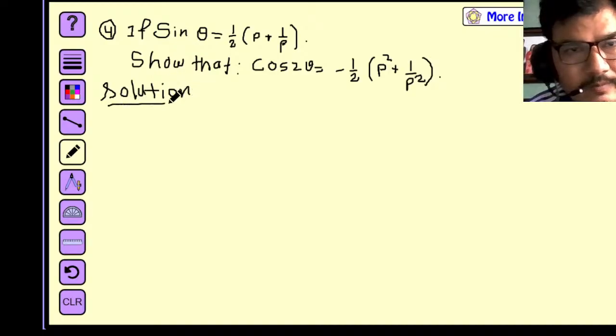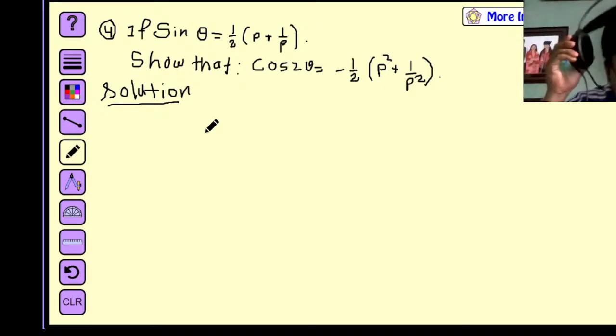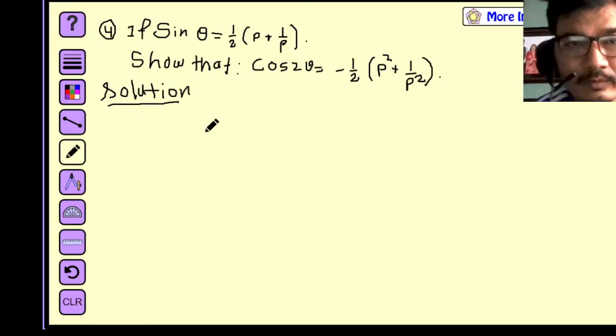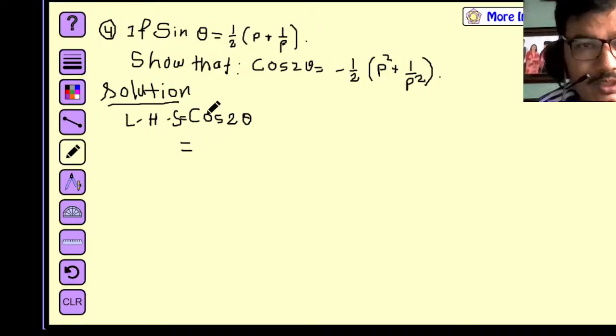The left hand side is given there: cos 2 theta. This is our left hand side. And then right here, we have to use cos 2 theta in terms of sin theta, because the value of sin theta was given.